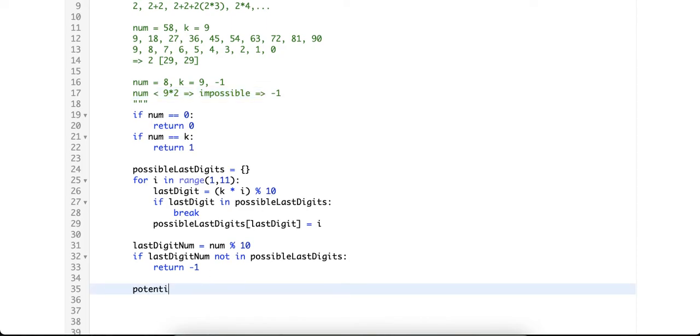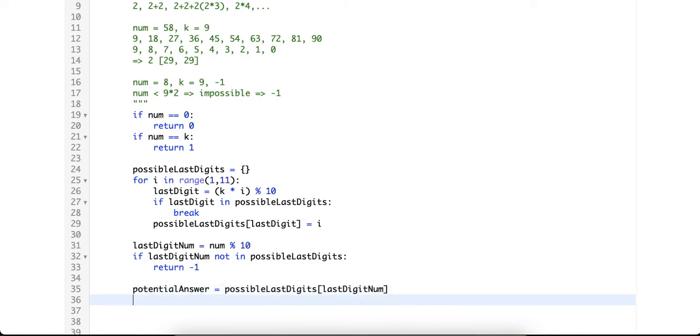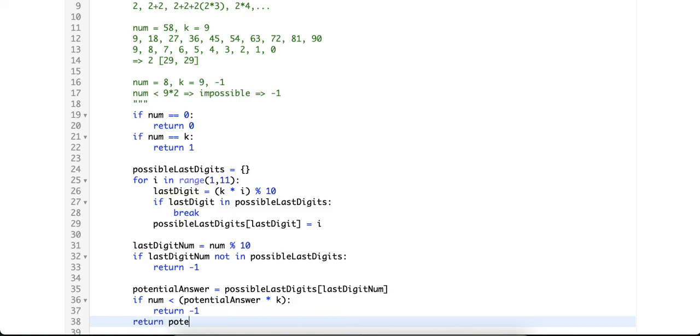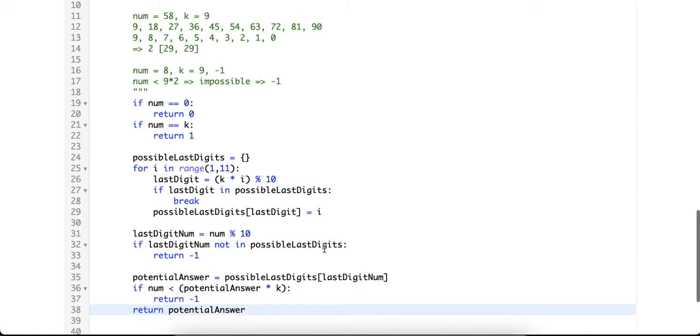So the potential answer is possible last digits of the last digit of num. Okay, but we need to check if num is less than potential answer times k. We know it means it's impossible. Otherwise, we return the potential answer. Okay, so that's about it.